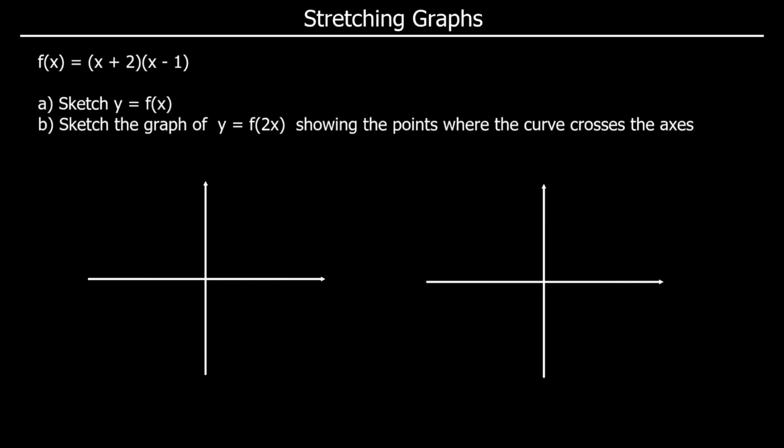Here's another one. F of x equals x plus 2 times x minus 1. Sketch f of x firstly. So that's negative 2 and 1. And when x equals 0, it's negative 2.